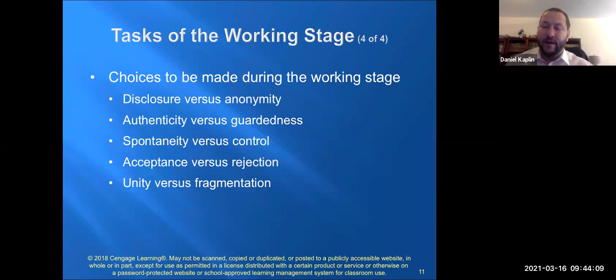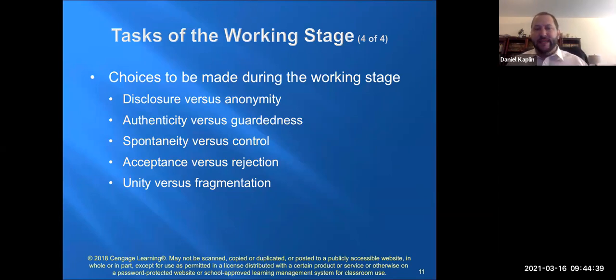Authenticity versus guardedness, right? So being real and being raw as appropriate. That would be being authentic, versus being guarded would be holding back and not allowing the true self to come out. Being spontaneous versus regulated, right? Being spontaneous, you'll notice in initial stages, the group leader might call upon people, right?